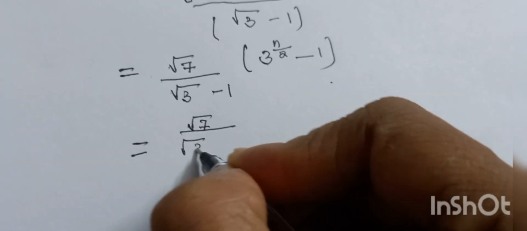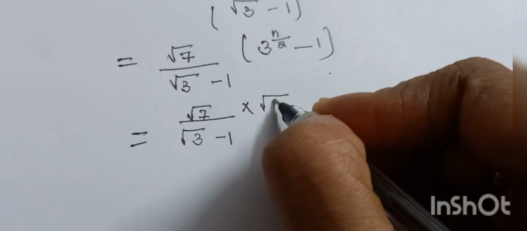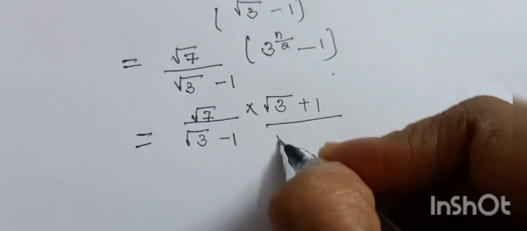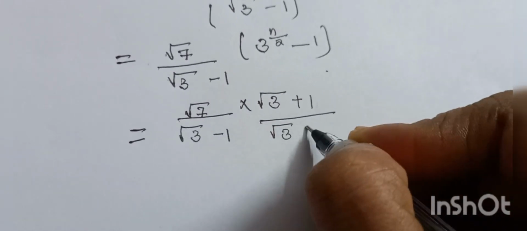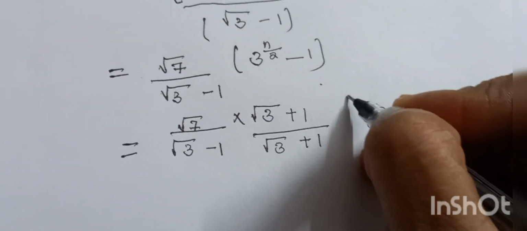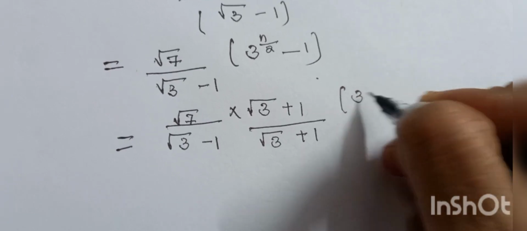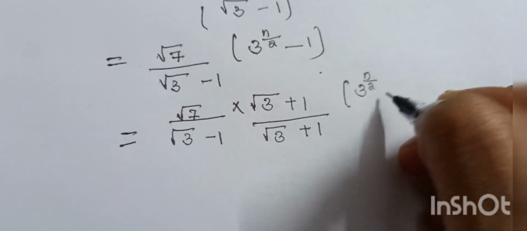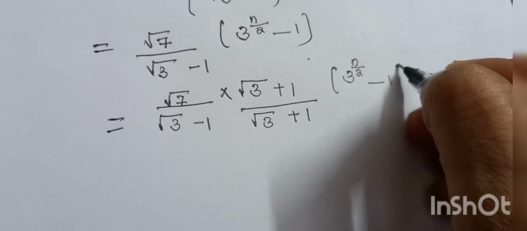So we can write root 7 divided by root 3 minus 1 into root 3 plus 1 by root 3 plus 1, in bracket 3 to the power n by 2 as it is minus 1.